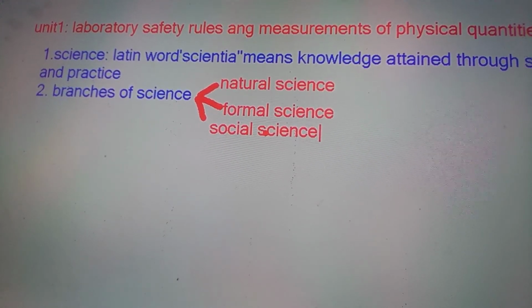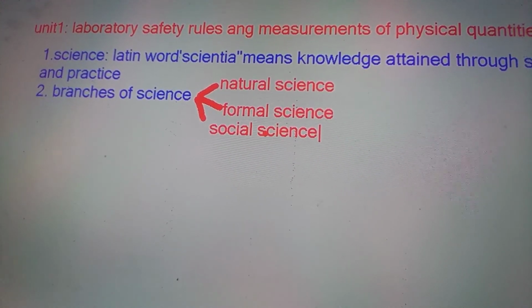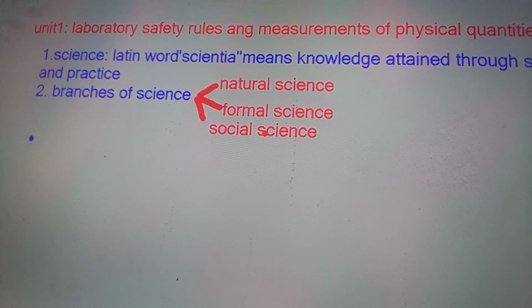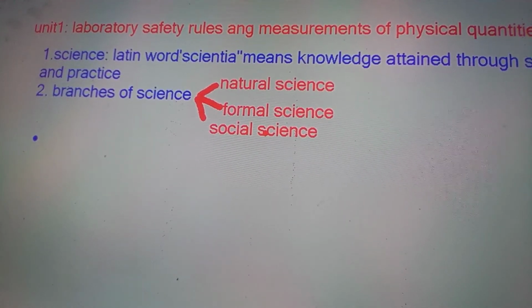Now, after the branches of science, we have seen the definition of physics.